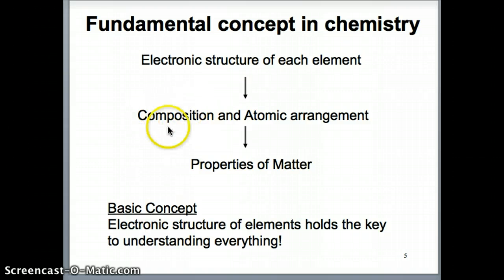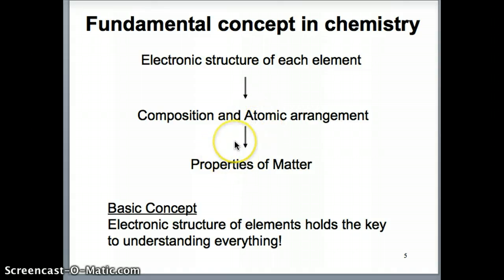Okay, and the composition here refers to the type of atoms, the type of molecules, and in the end the number of atoms, and so on. All of those result in the different properties that we see. So the fact that wood can be burned and generate certain byproducts when you burn it is because wood is composed of certain types of atoms, and there is a certain number of atoms.